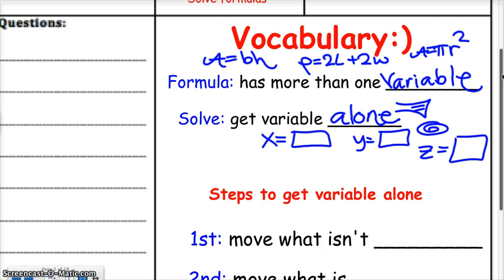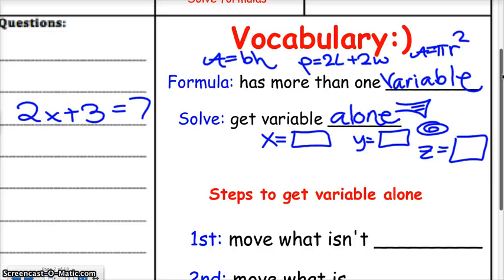I want you to reflect for a minute. If I told you to solve 2x plus 3 is equal to 7, raise your hand if you would feel confident solving that. I see the majority of my class would feel confident solving that two-step equation.